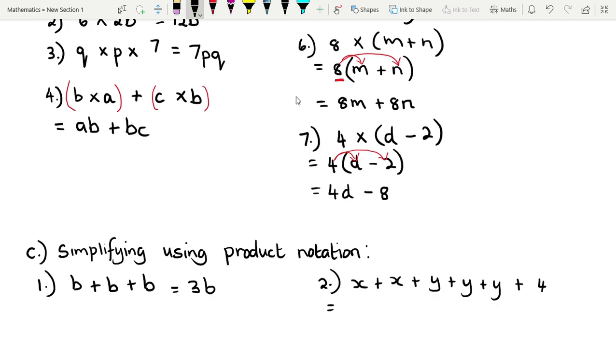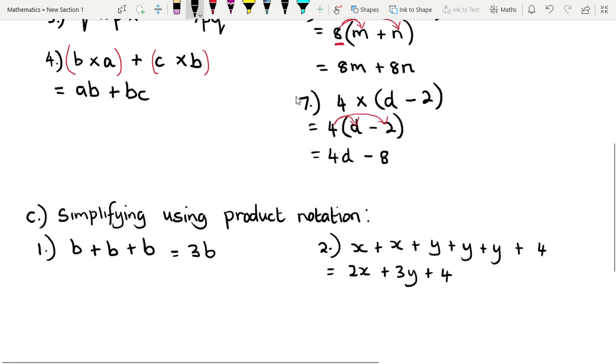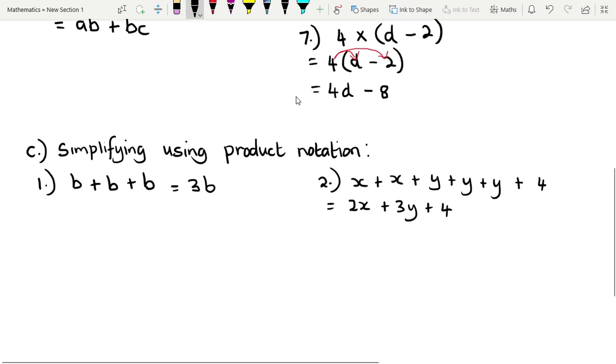Okay, so if we're working through that, we've got 2 lots of x's, so that would be 2x, plus 3 lots of y's, so that will be 3y, plus your 4. Now, that's your final answer. You cannot add them together as they are unlike terms.